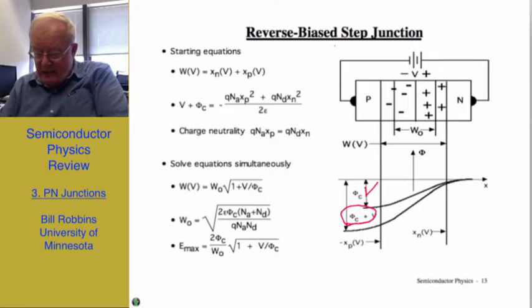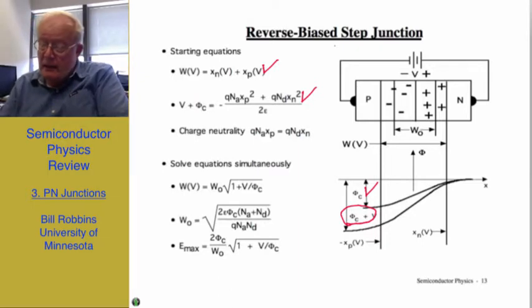Well, if I write that W at a voltage V is equal to x sub n plus x sub p, and I assume that they're now functions of voltage, and secondly, take the equation for phi sub c that I had before and simply add to that the voltage, I now assume that the x sub p in this equation and the x sub n in this equation are now functions of voltage.